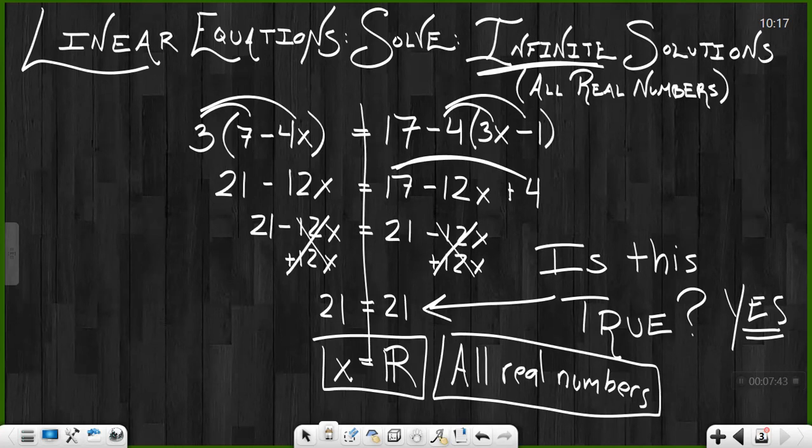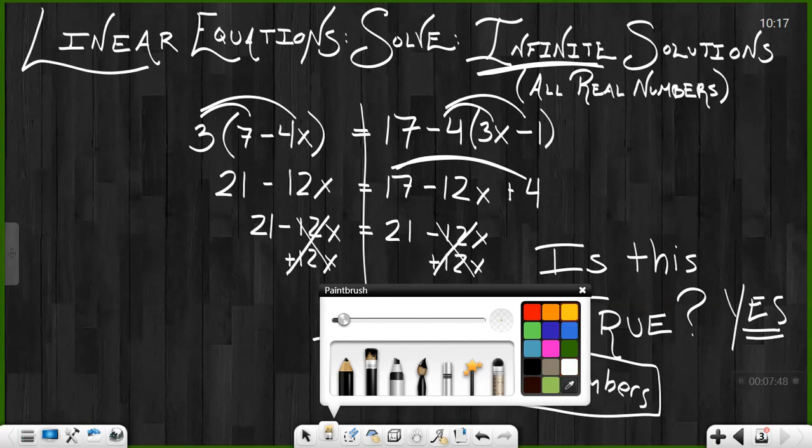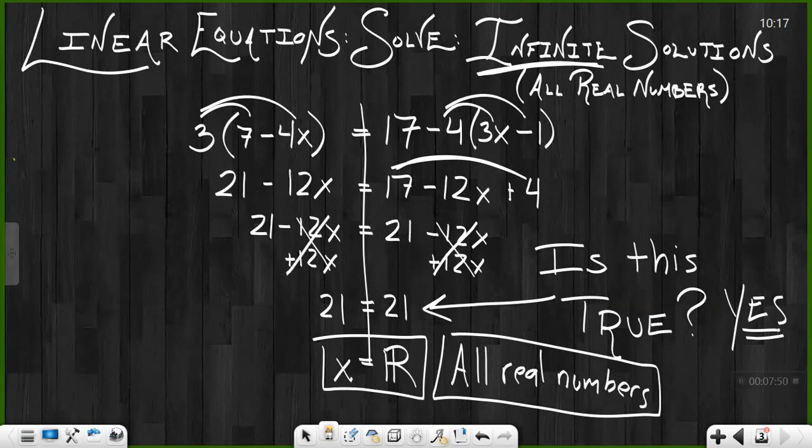But do yourself a favor, just test it. Pick any number you want, plug it into the original equation, see what you get. So you could just plug in 3, and then 7 minus 4 times 14 is what I'll put in there, and then equals 17 minus 4 parentheses 3 times 14 minus 1. Take a moment, plug yours in.